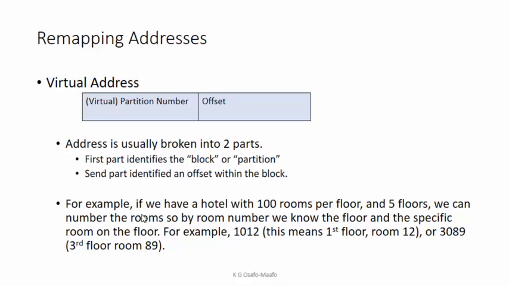So imagine if you had a hotel with 100 rooms per floor, and there were 5 floors. That means that if I wrote 1011 as a room number, it would mean that it's on the first floor, room number 12. Okay, and a room number 3089 would be on the 3rd floor, the 89th room.